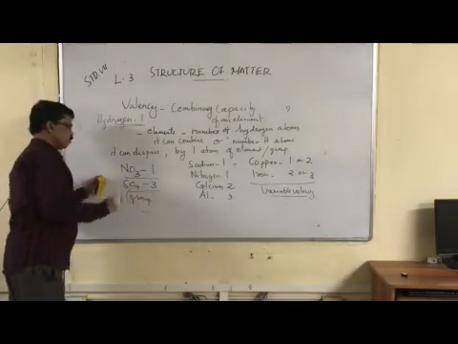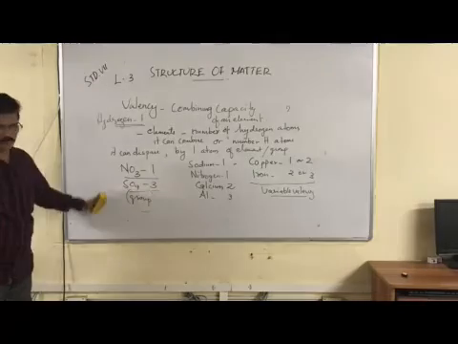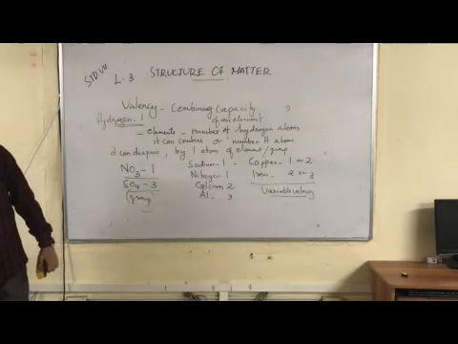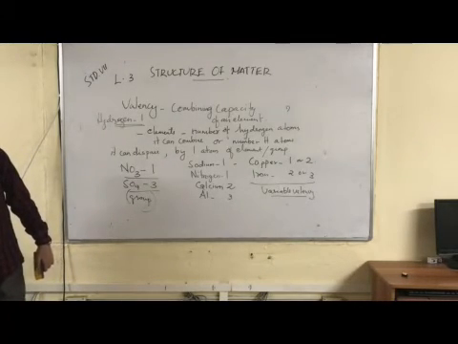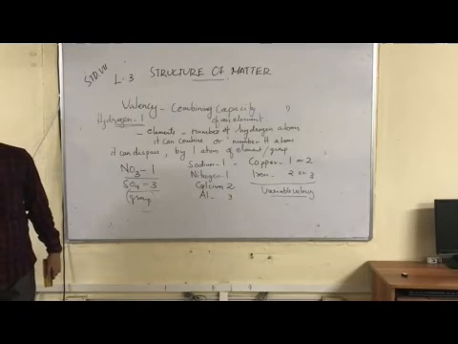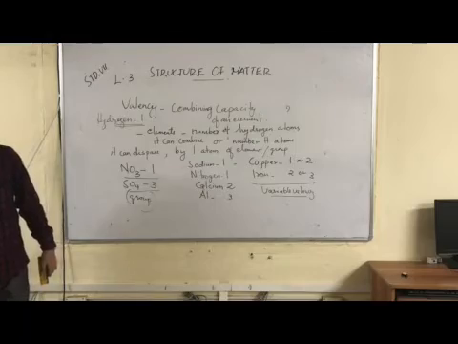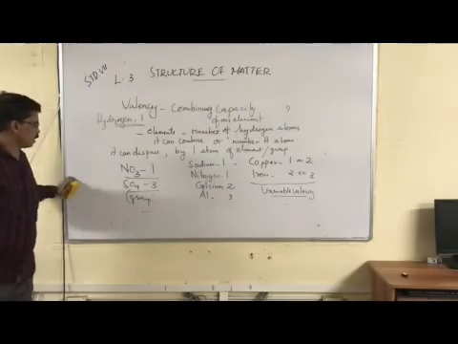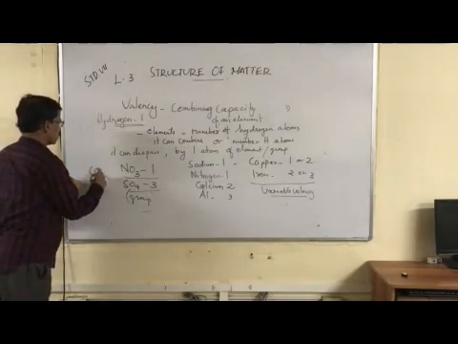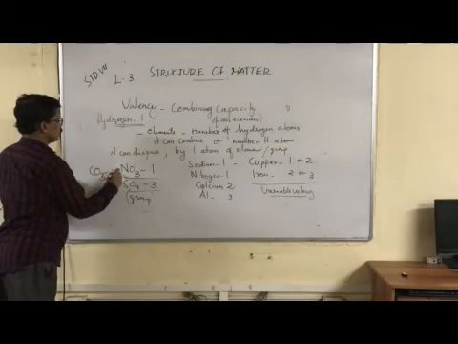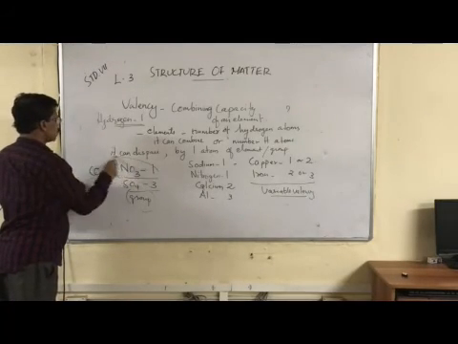Nitrate has 1 valency, sulfate has 2 valencies, and there are many others. Carbonate has 2 valency, like that. So the groups also have valencies.